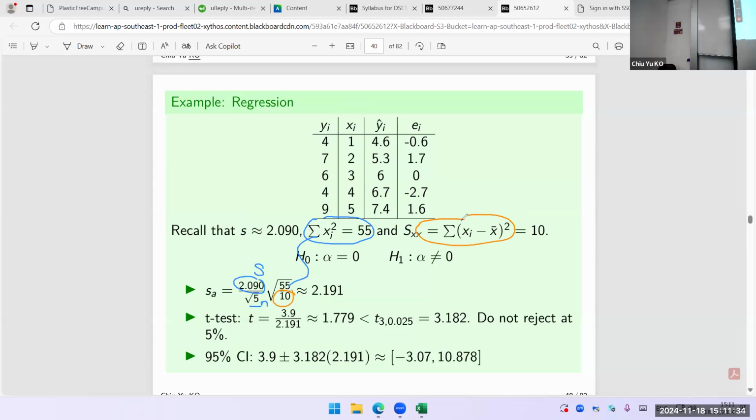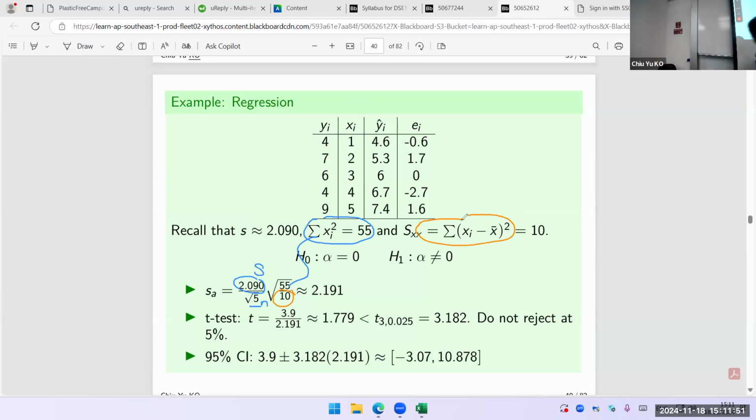And the t-test will be A over SA, and it's 1.779. Then you can do the critical value, or you can do the p-value.